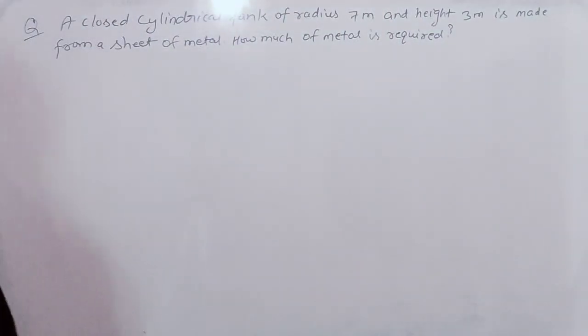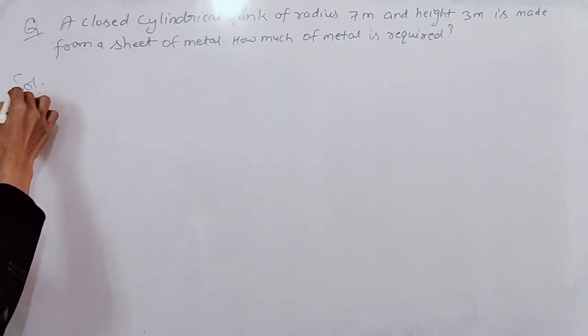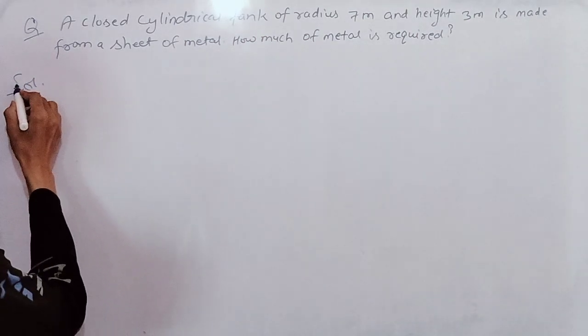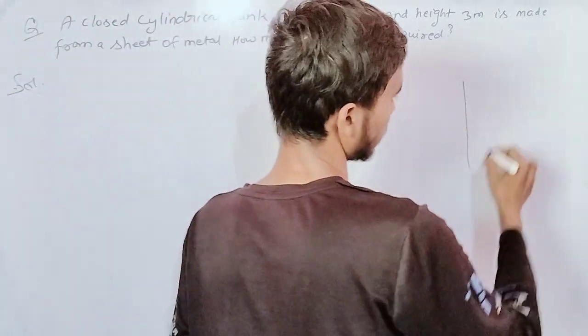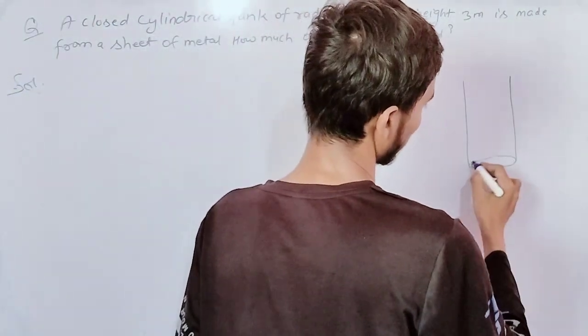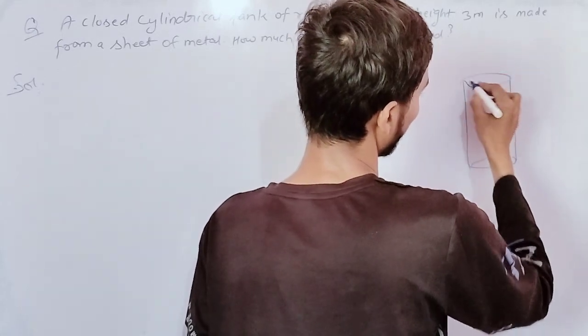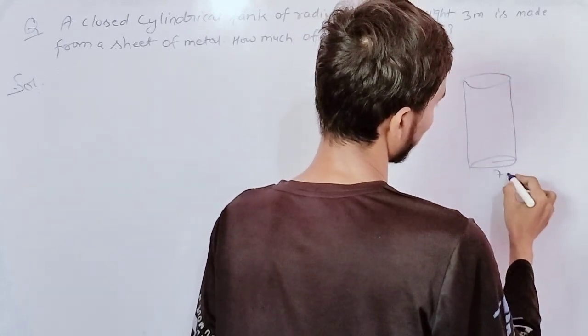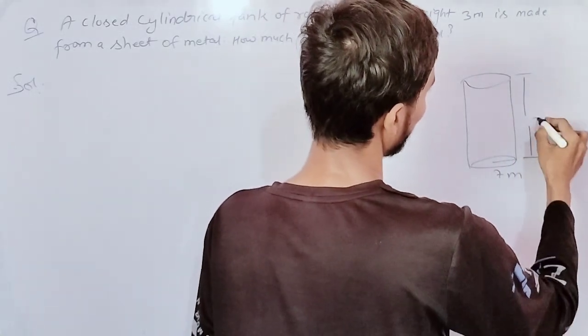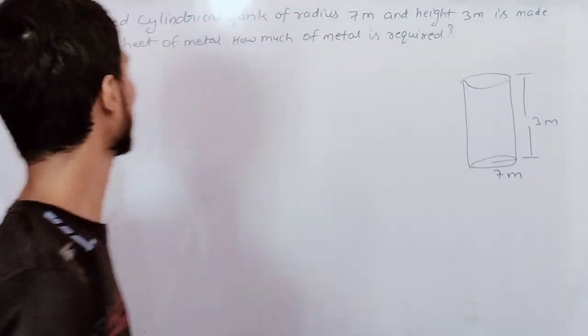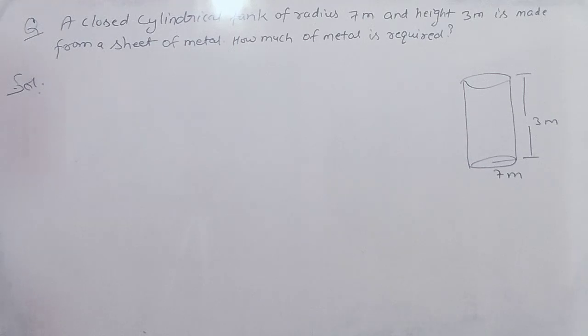This is the question. The question is saying a closed cylinder tank of radius, this is closed, there is no open area, with a radius of 7 meter. Height is 3 meter. It is made from a sheet of metal.